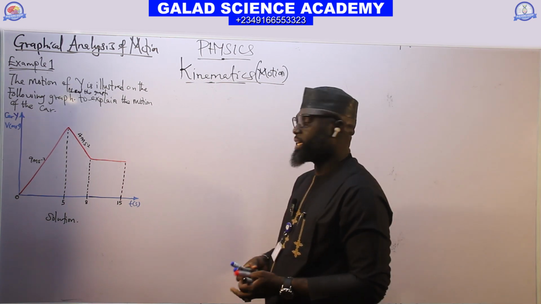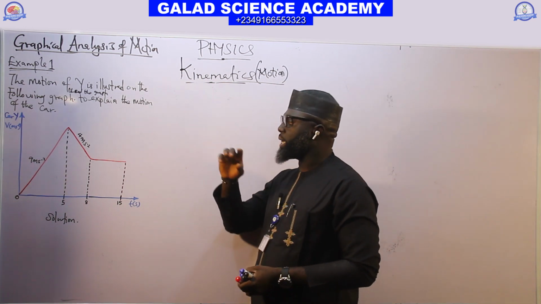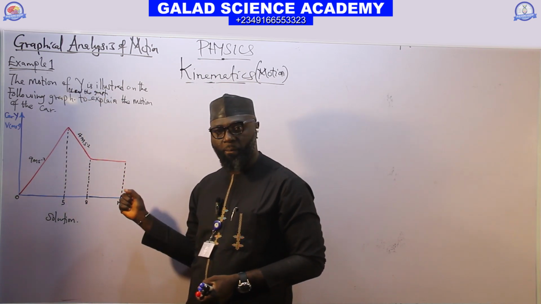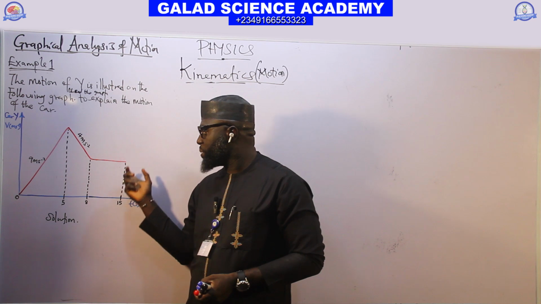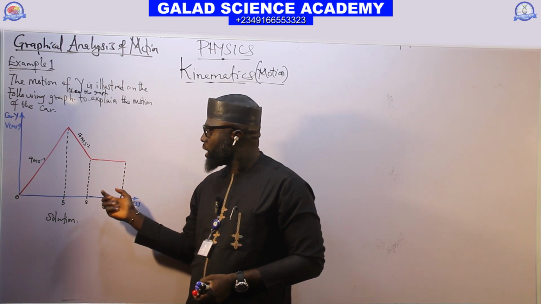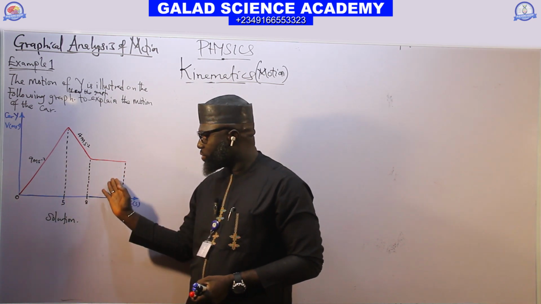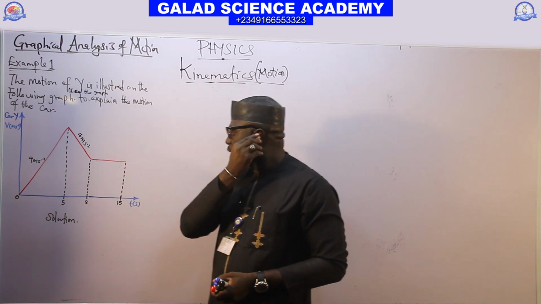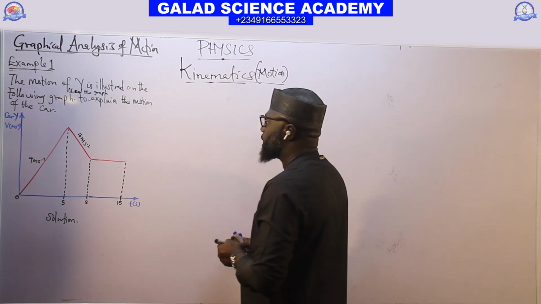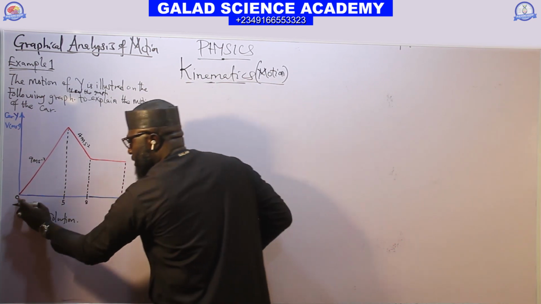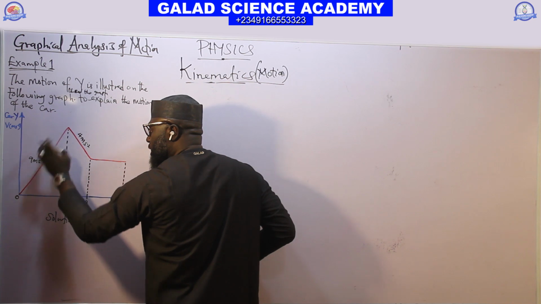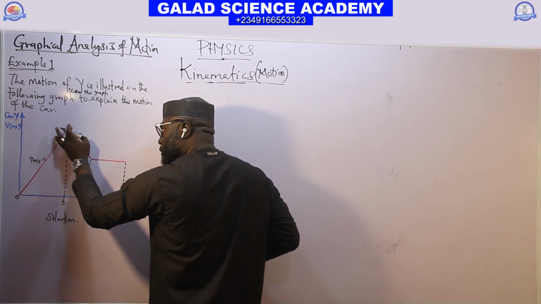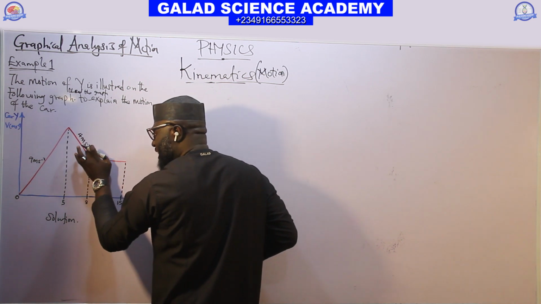Observe that in this graph, the car Y is in motion, and three things are involved. From 0 to this point, the car accelerates. From this point to this point, it decelerates.